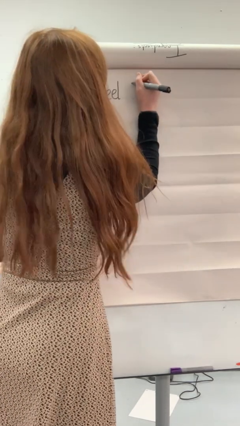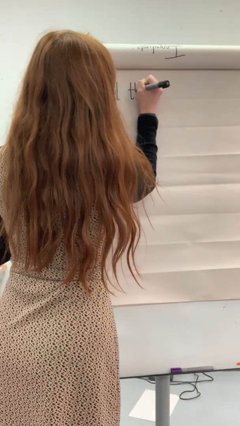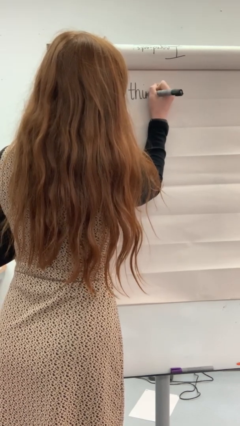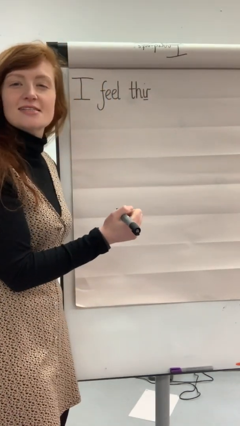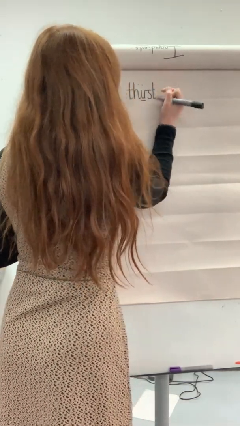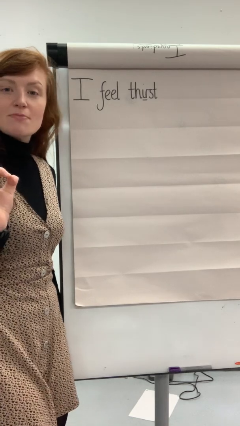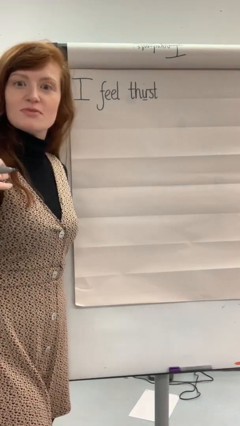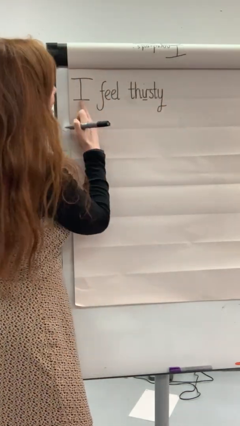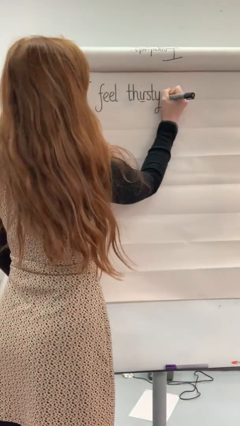So T and a H. Our sound from today, which is I and R. And st, E. So st. So S and T. And that E sound is being made by the letter Y, just like in Miss Bailey. So we've got a Y on the end. I feel thirsty, and I'm going to put my full stop on the end.